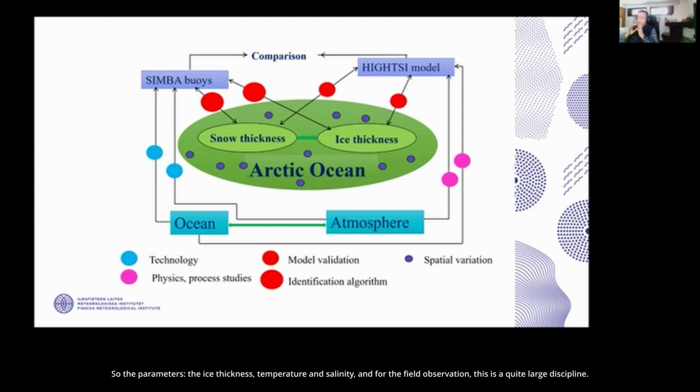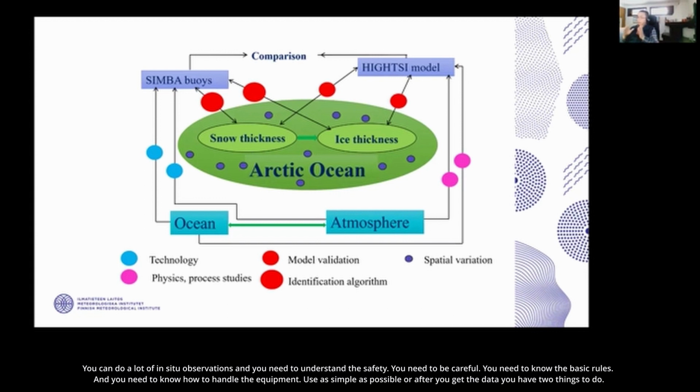And field observation is quite a large discipline. You can do a lot of in-situ observations, and you need to understand the safety. You need to be careful. You need to know the basic rules, and you need to know how to handle the equipment. Use it as simply as possible.